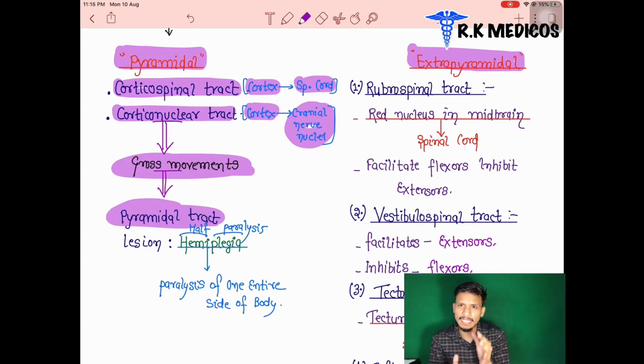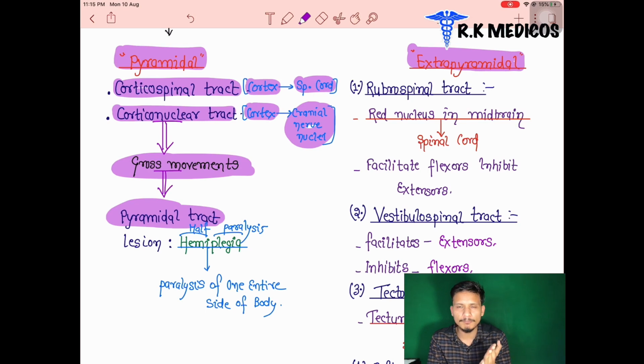Suppose there is any lesion in these tracts, either the corticospinal tract or the corticonuclear tract, it leads to the person having hemiplegia. Why? These tracts pass through only one side of the body. If there is any lesion in these tracts, it leads to hemiplegia of the body.